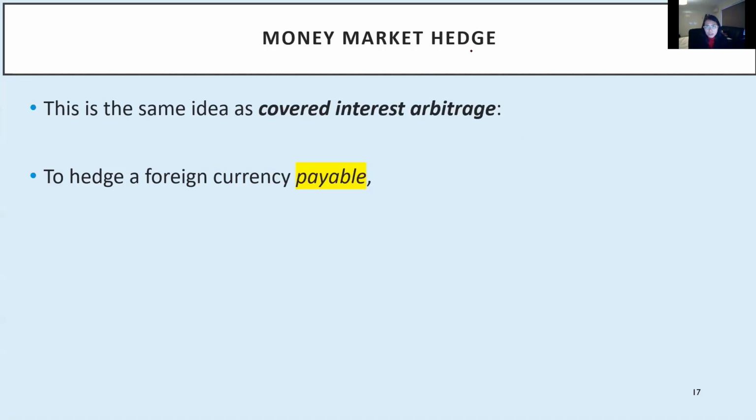So here, let me write, there's no forward involved with money market hedge. So in this case, you can use money market instruments to also hedge your exchange rate risk exposure. Without the use of forward contracts, you can still hedge your foreign exchange rate risk exposure using money market instruments.